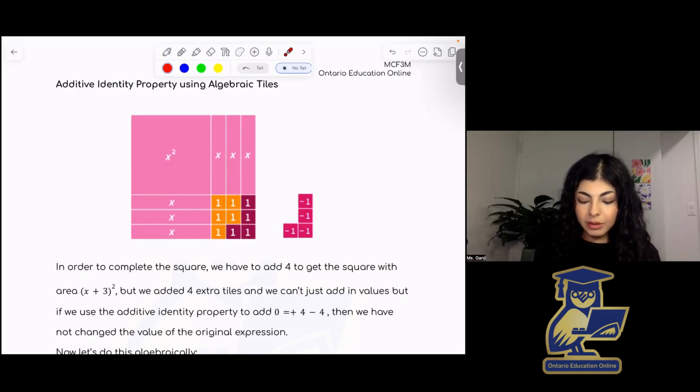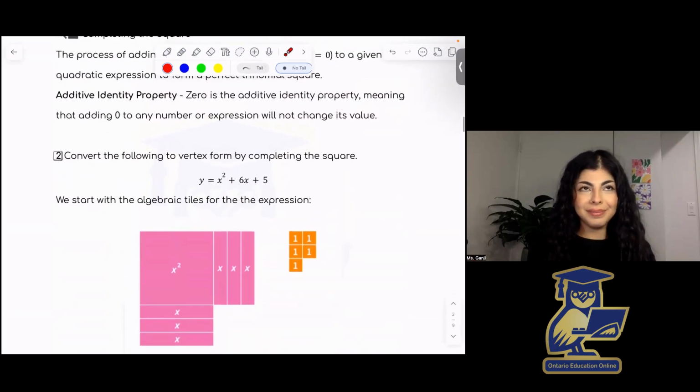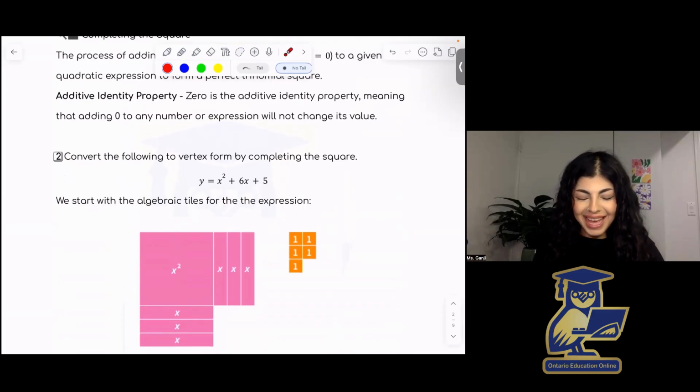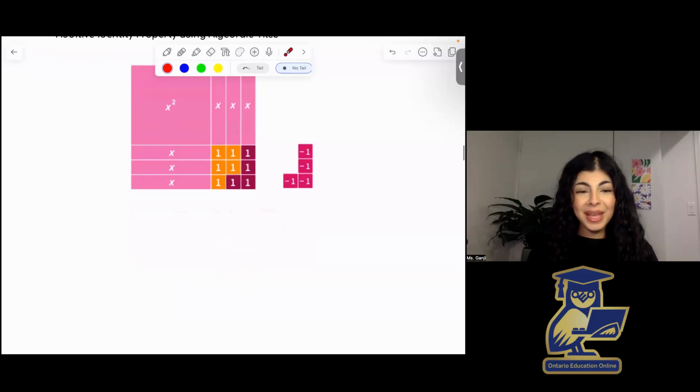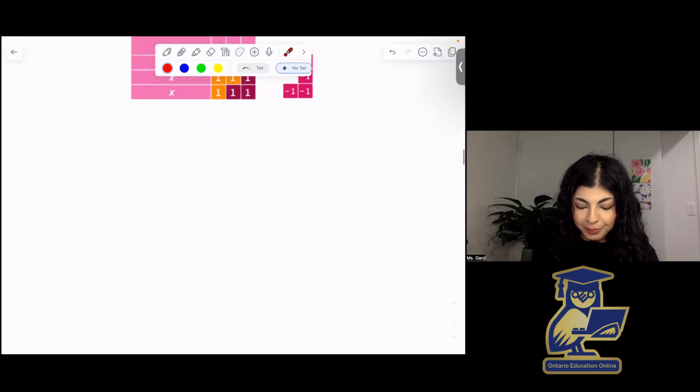So then we have plus 4 minus 4, which fulfills our additive identity property.